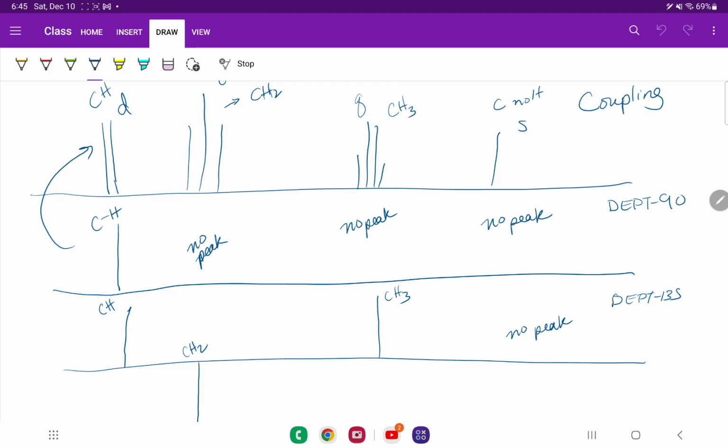If it doesn't, then it's a CH3. So how does it translate to the coupled NMR? That CH will show up as a doublet on the coupled NMR. So not on the DEPT, but on the coupled NMR, the CH2 would be a triplet, the CH3 would be a quartet, the C with no hydrogen would just be a singlet.